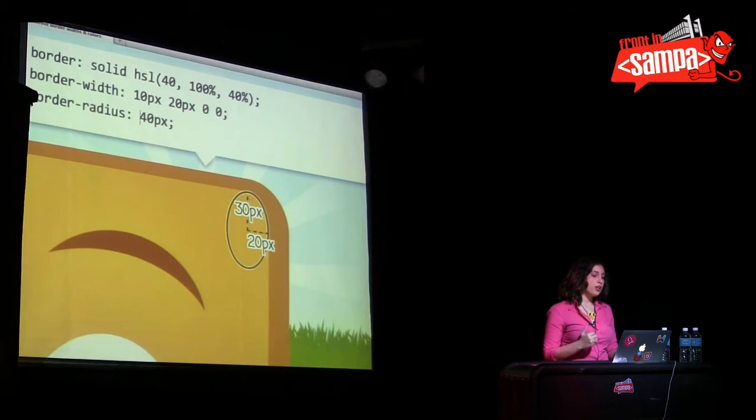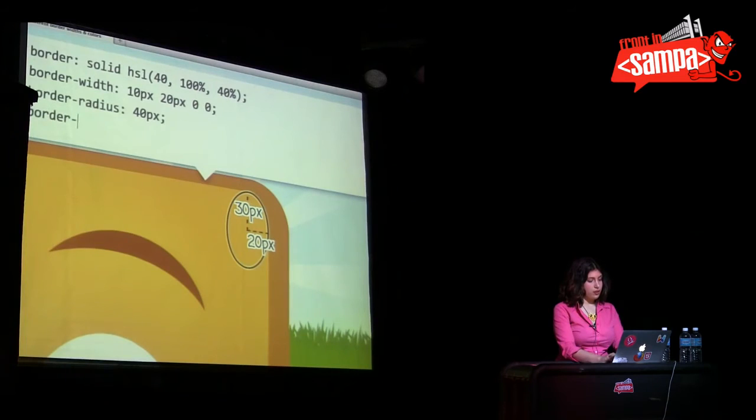But what if we want the inner radius to be circular and we don't care about the outer radius? We can kind of hack it by overriding the border radius for that corner and specifying a larger horizontal radius so that it overcomes the difference in the borders. Here, our right border is 20 pixels. Our top border is 10 pixels.